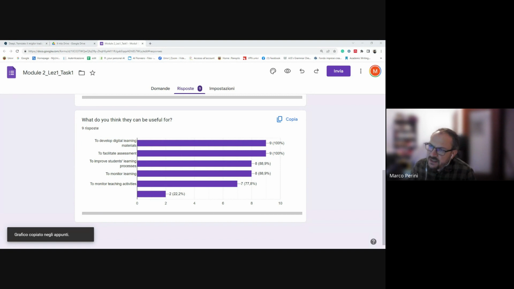Which are these considerations? The first of these is that, with a few exceptions, the impact of the use of technologies on the effectiveness of school learning is not significant, and we already said it. Second is that, on the one hand, the scarce effect is confirmed, but on the other hand, we see variance depending on the context and the subject.